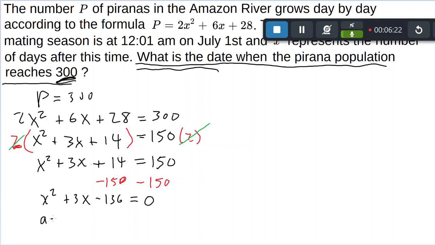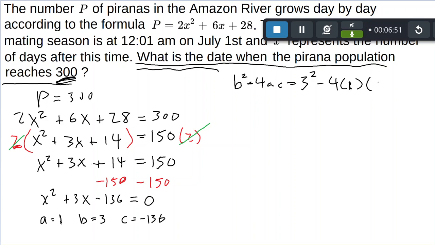Let's identify the a, which is 1, the b, which is 3, and the c, which is negative 136. All right, so it's time for the b squared minus 4ac. It's always a good idea to pre-calculate that thing. That thing, by the way, is called the discriminant. b is 3, so that's 3 squared minus 4 times a. What's a? 1. What's c?